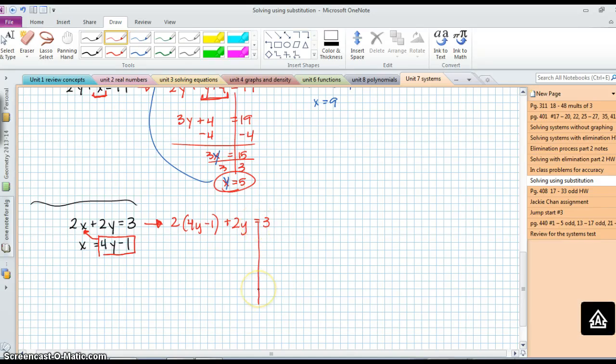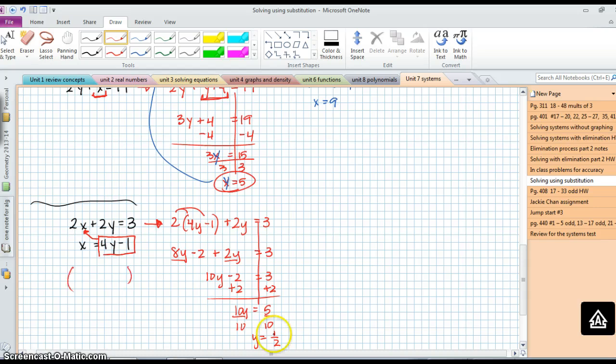And now I just need to solve. So we'll distribute the 2, 8y minus 2 plus 2y equals 3. Combine my like terms, that's 10y. Add 2 to both sides. Divide both sides by 10, and I have y equals 1 half.